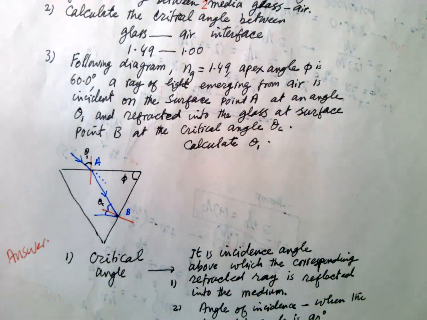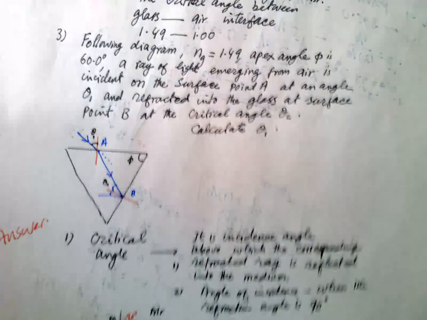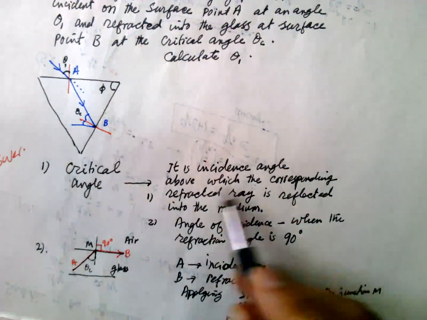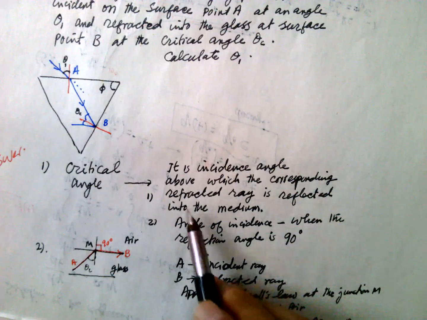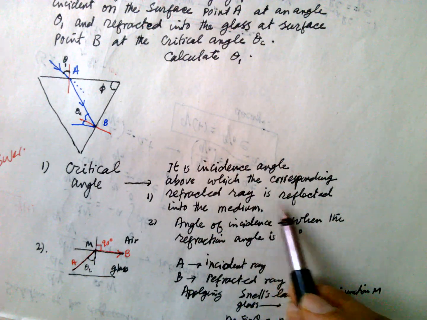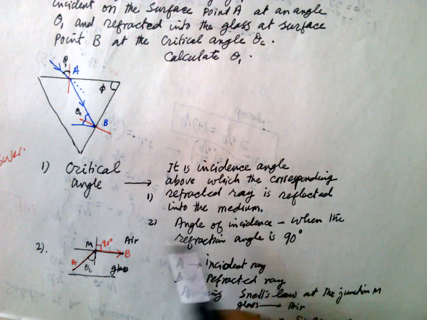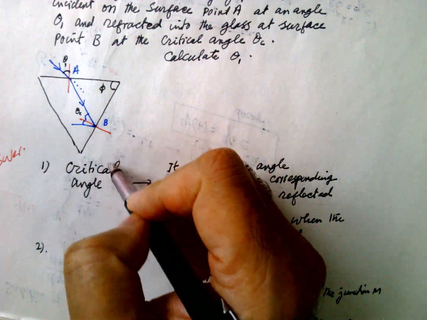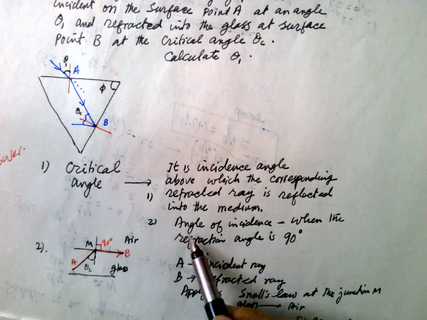So first of all, define the critical angle. A critical angle is the incidence angle above which the corresponding refracted ray is deflected into the medium. So this is the ray which, instead of going out, is deflected into the medium.